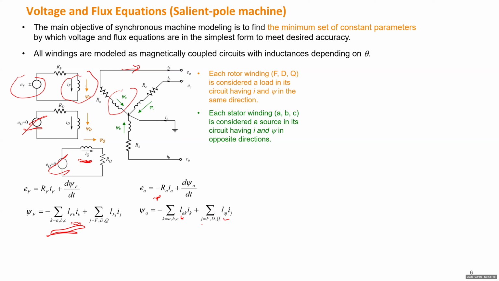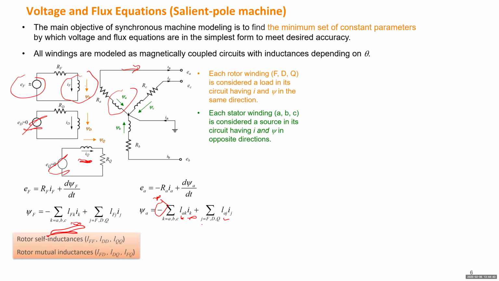If it's different from A, it will be a mutual inductance. So the mutual inductance can couple the A winding with another stator winding or maybe another rotor winding. If it's a stator winding, you need to add a negative sign. That is only because the stator current takes the opposite direction.